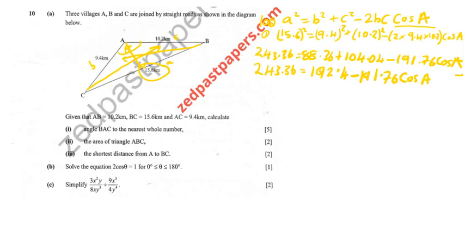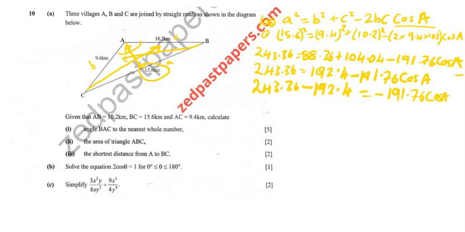And when we group the like terms, this comes to the other side. You say 243.36 minus 192.4, which is equals to negative 191.76 cos A, like that.